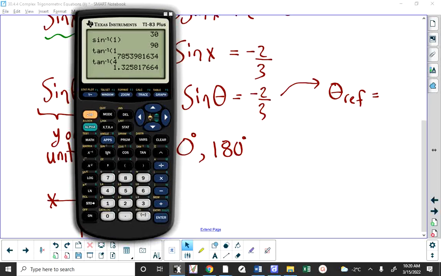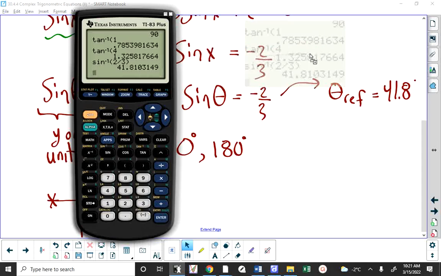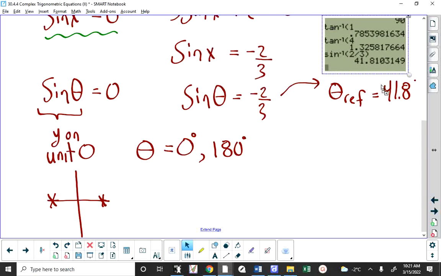The reference angle will be the inverse sine of 2/3. In degree mode, I want to know how many degrees this is, so it is 41.8 degrees. Remember, you do not use the negative in the reference angle calculation.